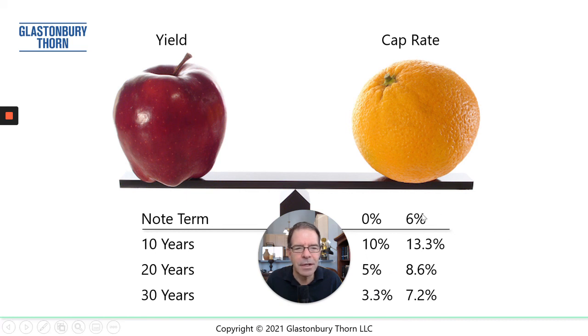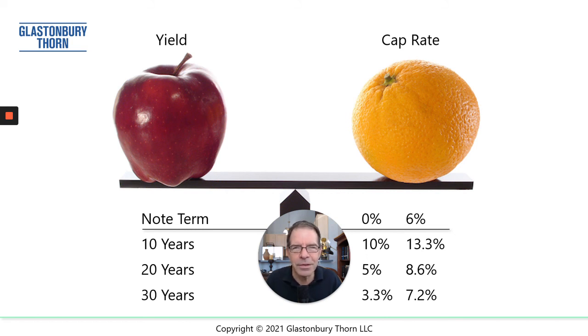And so we slide over here to sort of the low end of the range on notes, a 6% note there on the right. And what would be the equivalent for those payments that are coming in, which are not exactly comparable as we've already noted and granted, but what would be the equivalent of those payments coming in expressed as a cap rate? 13.3.